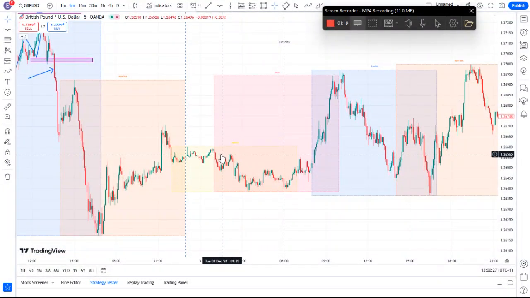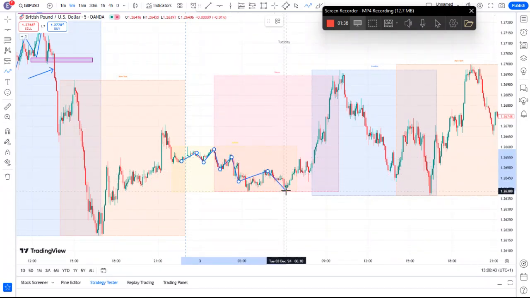All right, you can see that the market has been trending lower because we have lower high, lower low, lower high, lower low, lower high.